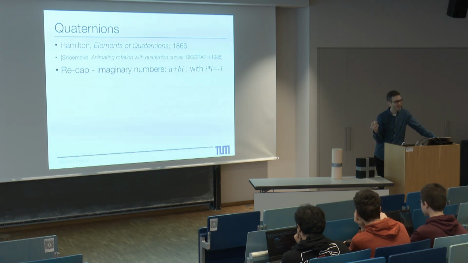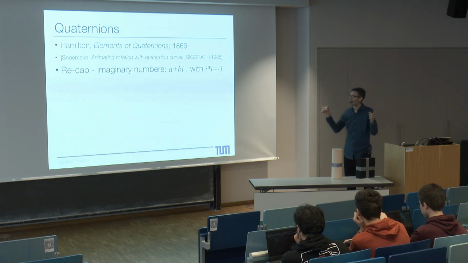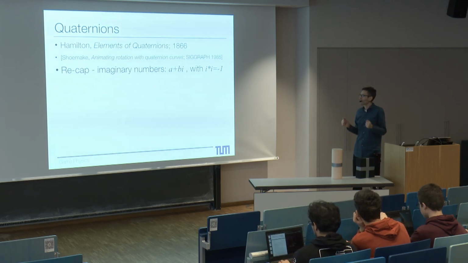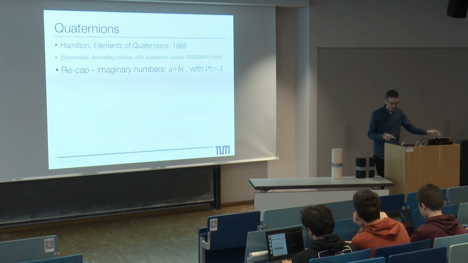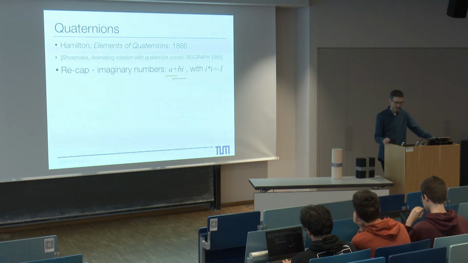So you have basically an extension of your regular line of numbers with a second dimension, the imaginary part, often written as real part A, imaginary part B. And there are special rules for working with this imaginary part.